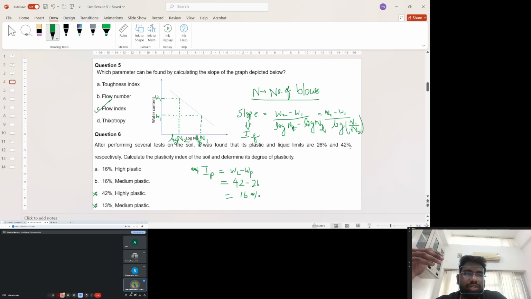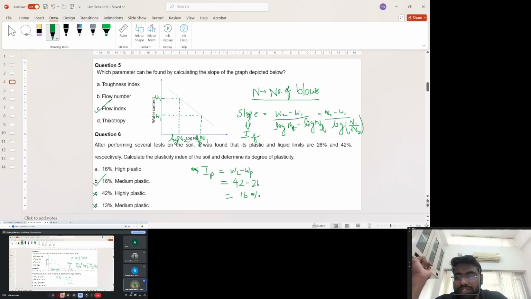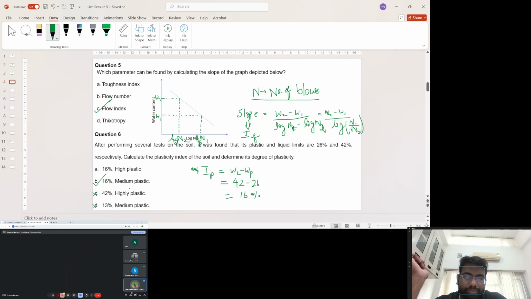Since liquid limit is lesser and IP is 16%, it will be medium plastic. The liquid limit range for medium plastic is 35 to 50%. Yes, that is the range of medium plasticity.